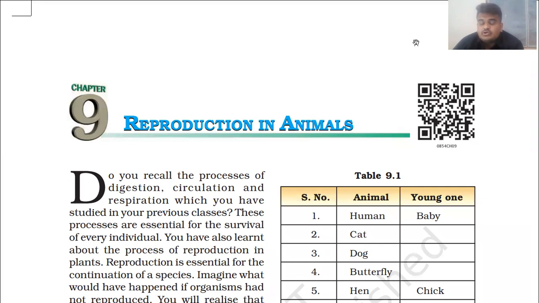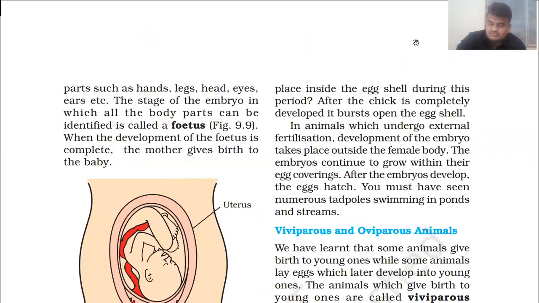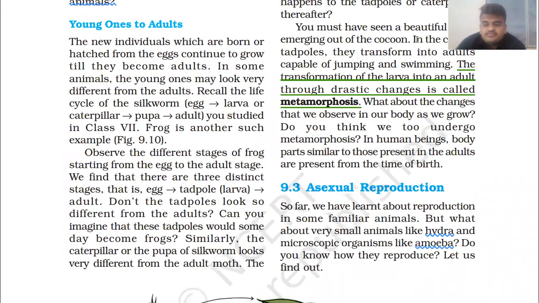In this chapter, reproduction in animals, today we are going to study the last remaining topic, and it is asexual reproduction. It is 9.3. So we have already learnt about reproduction in some familiar animals.